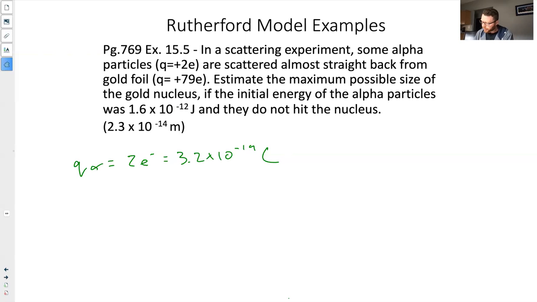Okay, these alpha particles are scattered almost straight back from gold foil. So we know, so gold is Au, has 79 electrons. And if we multiply 79 times 1.6 times 10 to the negative 19, we will get a value of 1.264 times 10 to the negative 17 coulombs.